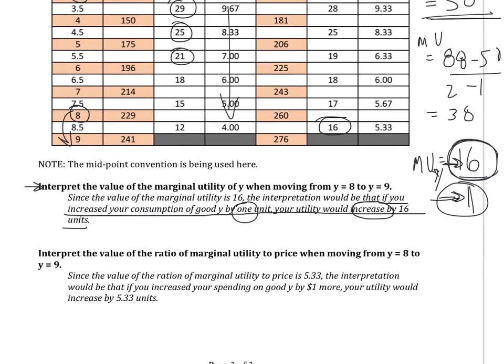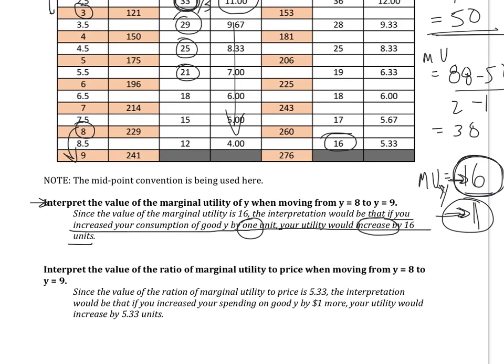Now when we get to the interpretation, this is where it's a little different. Let's just look at the question: interpret the value of the ratio of marginal utility to price when moving from Y equals 8 to Y equals 9. So again, we're talking about what's happening to the ratio of marginal utility to price as we go from 8 to 9.